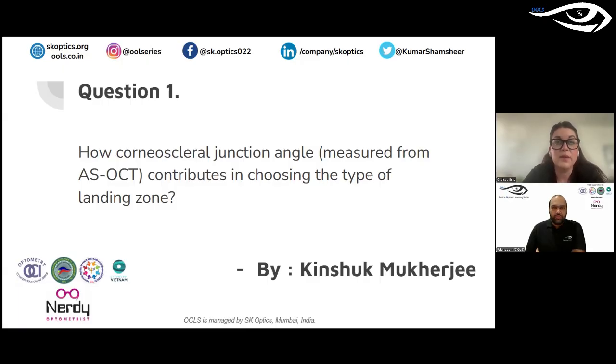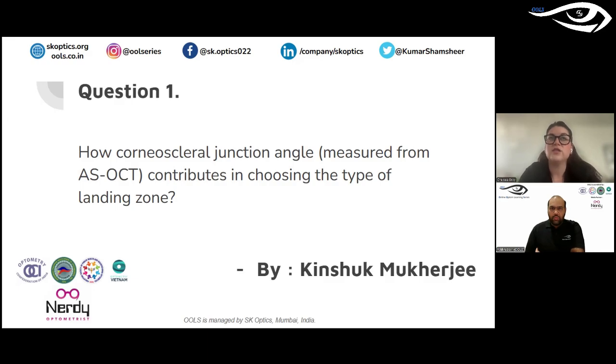There's some interesting literature that can help with choosing this, like which area of the sclera has a steeper versus lesser angle, and what that means for the slope of the sclera in that area.